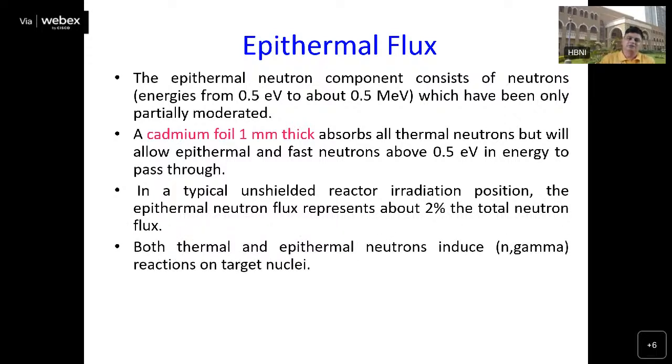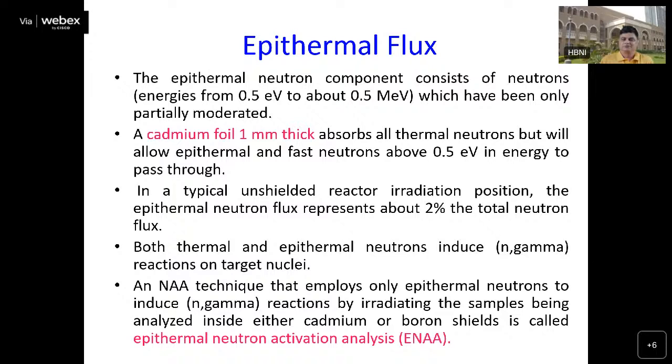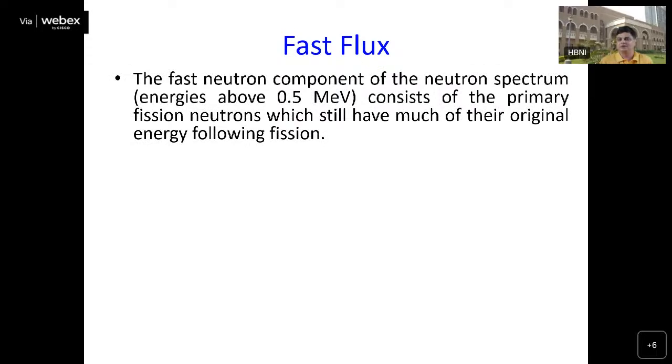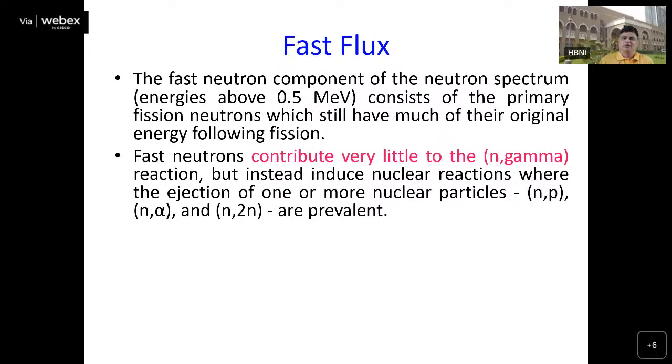Both thermal and epithermal neutrons induce (n,gamma) reactions on the target nuclei. A neutron activation technique that employs only epithermal neutrons to induce (n,gamma) reactions is termed epithermal neutron activation analysis. Then we have fast fluxes, which have an energy of more than 0.5 MeV. Fast neutrons contribute very little to (n,gamma) reactions.